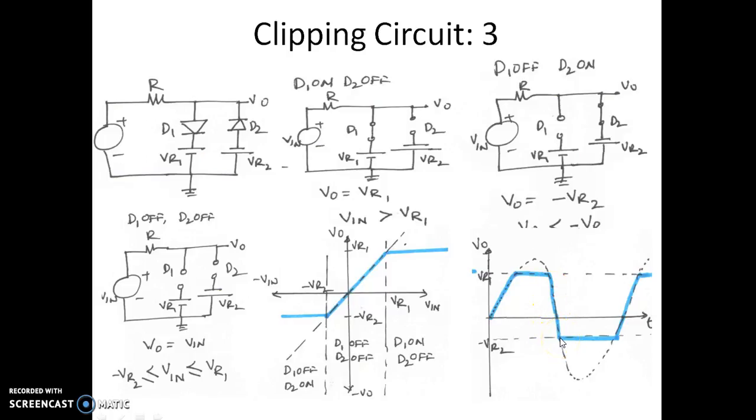Here, when the input voltage is more negative than minus VR2, D2 is on, so the output voltage remains at minus VR2. This way we can find the output voltage and the transfer characteristic.